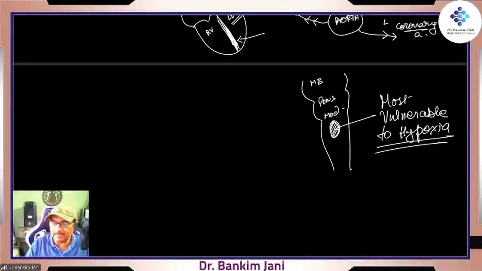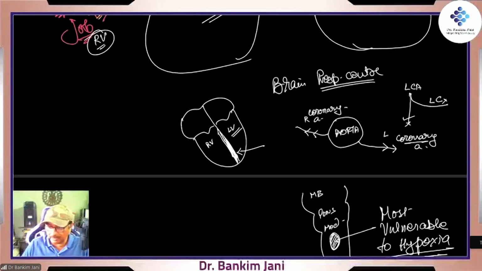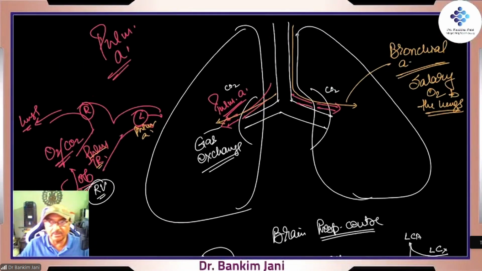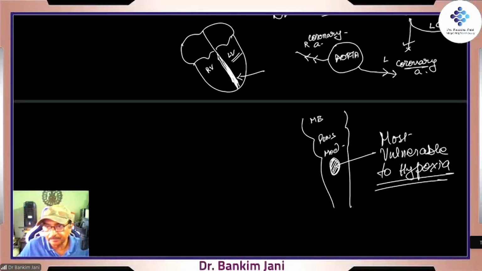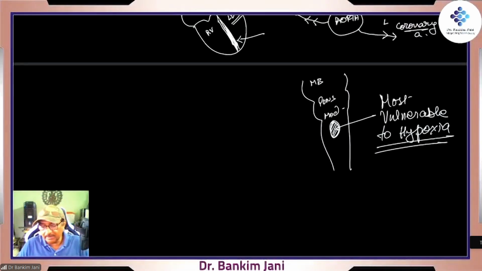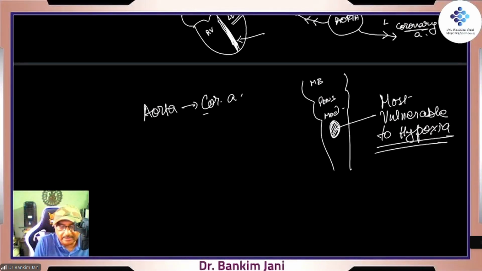So that's the reason that for the aorta, it is very crucial work. I'm coming to that. So that's why it is such crucial work. So from the aorta go the coronary arteries, and then they will supply, and then there will be formation of coronary veins.